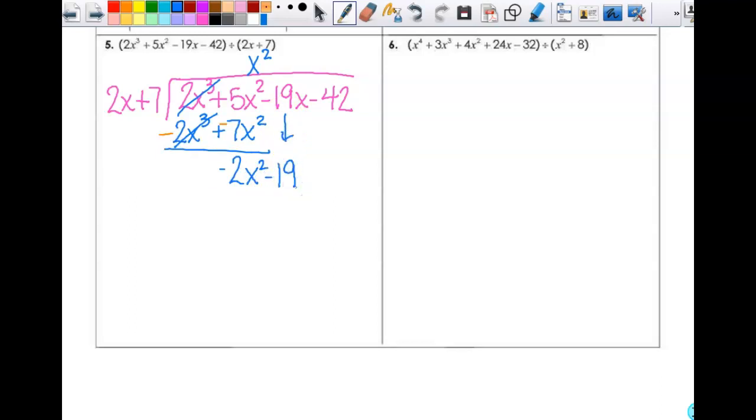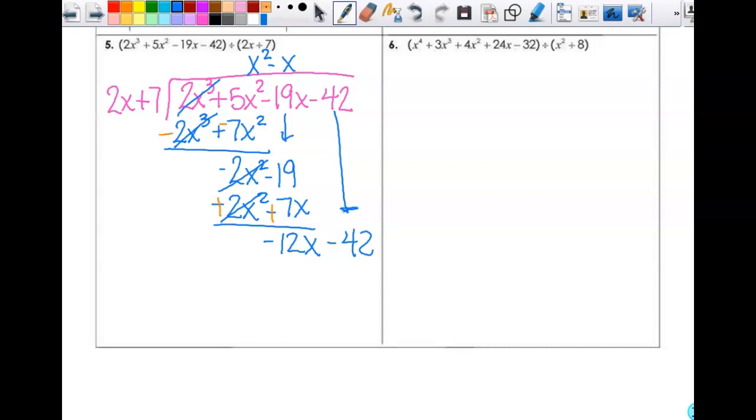2x goes into negative 2x squared a negative x times. So then negative 2x squared minus 7x. Don't forget to change my signs. Then those zero out. Negative 12x minus 42 once I bring this down.